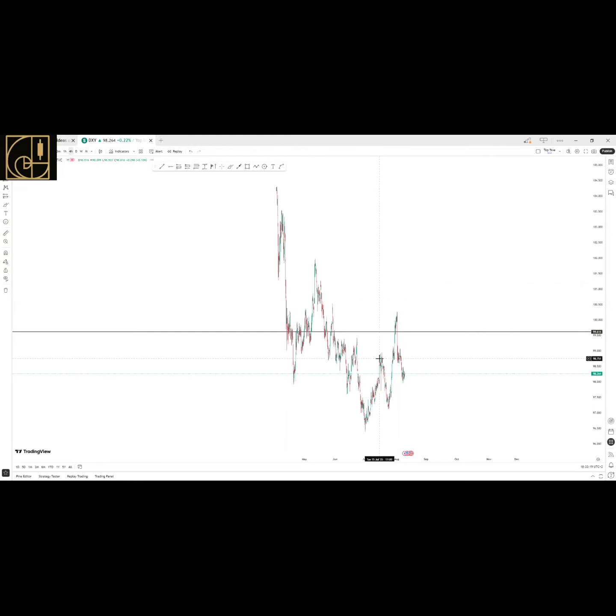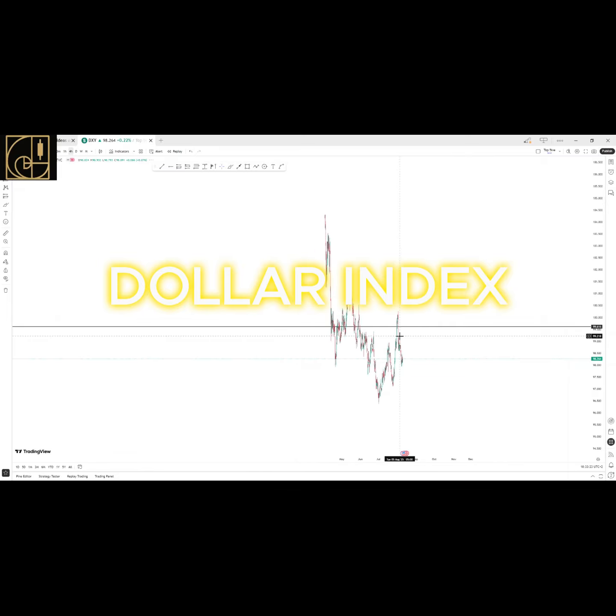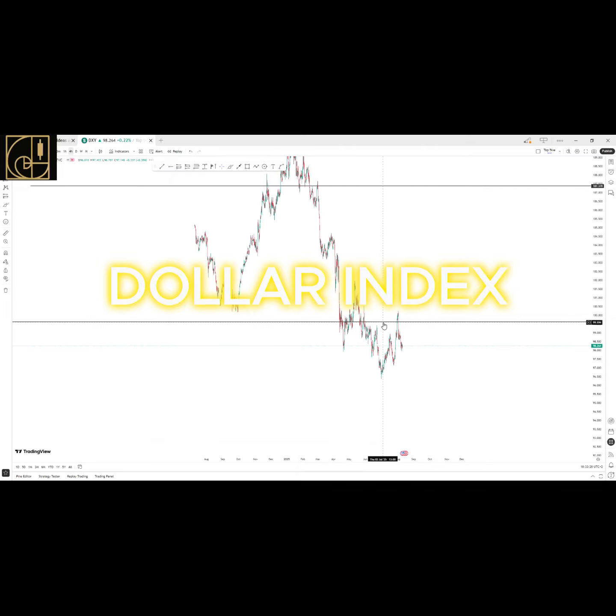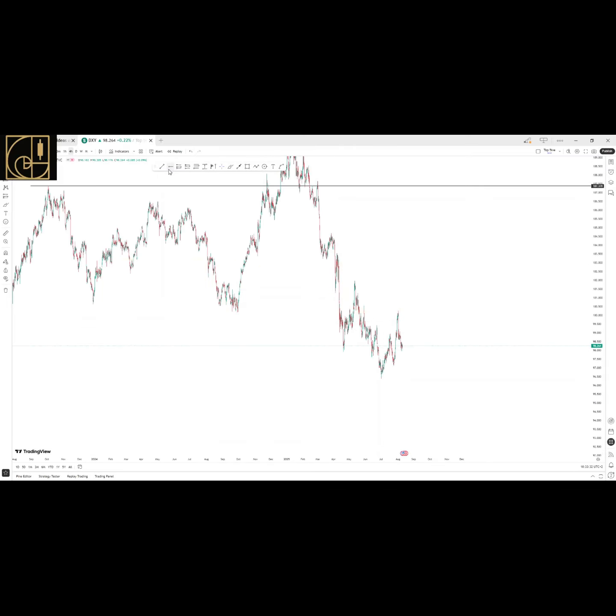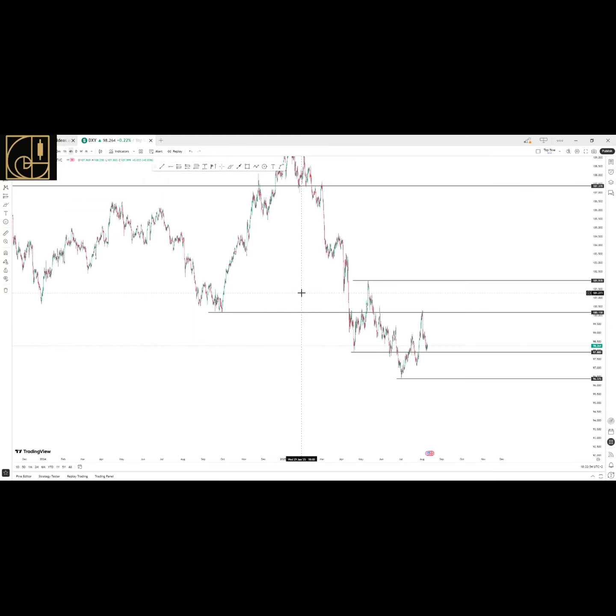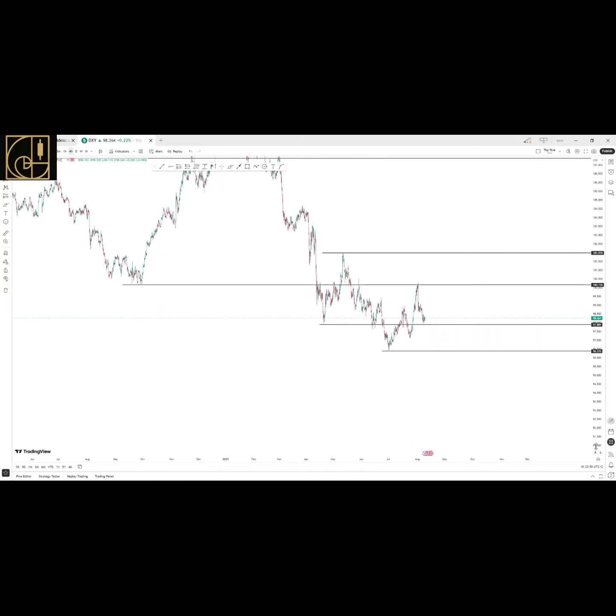Looking at the dollar index, when we start analyzing, doing the top-down analysis, marking down the key points, key zones, so we can see where the price is strong and where the price is not. So as you can see, I started on a daily time frame, moving down to the 4-hourly, just to mark my key zone so I could see the clear picture.